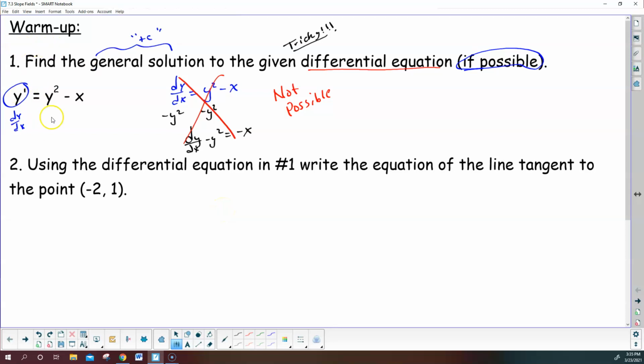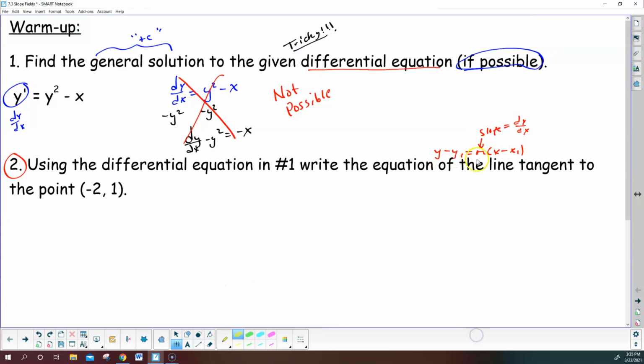We can use this information to help us analyze some other things, kind of like question number 2. So using the differential equation number 1, write the equation of the tangent line. So right there, I'm thinking equation of a tangent line, right? But we know our m is dy dx.